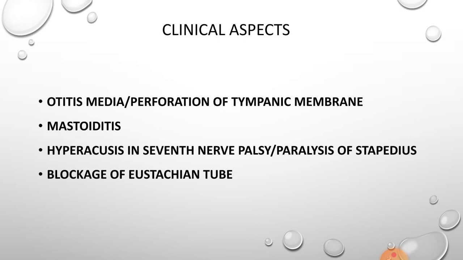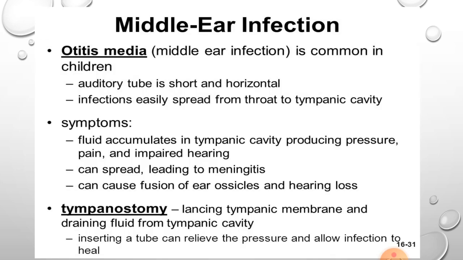For example, in seventh nerve palsy, facial nerve palsy, or Bell's palsy, which is a lower motor neuron paralysis, patients often present with hyperacusis, and then there can be blockage of the eustachian tube. Let's see in the next slides what we have. The first slide shows us otitis media.